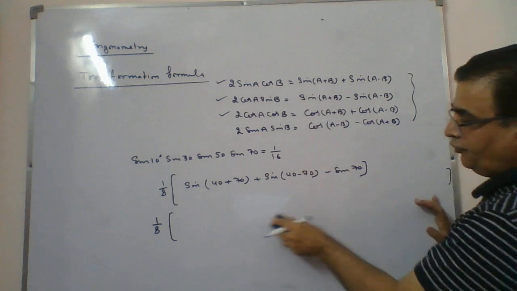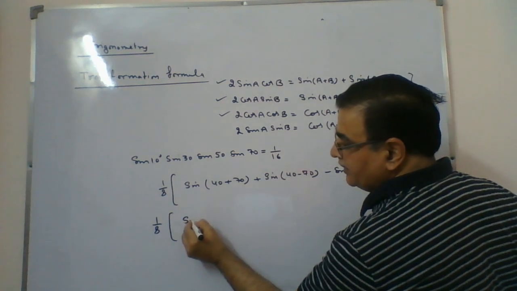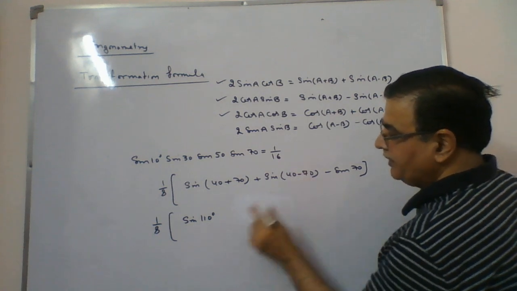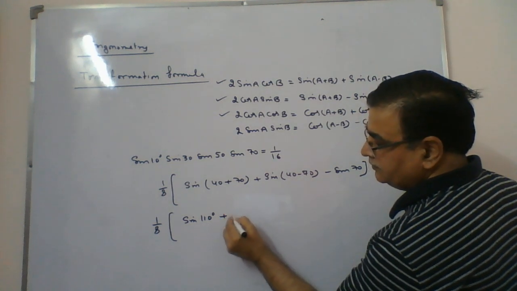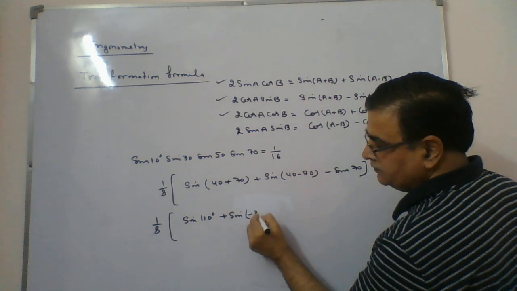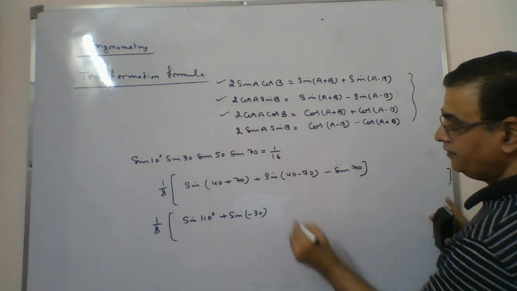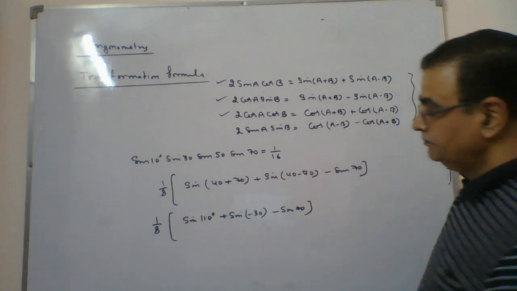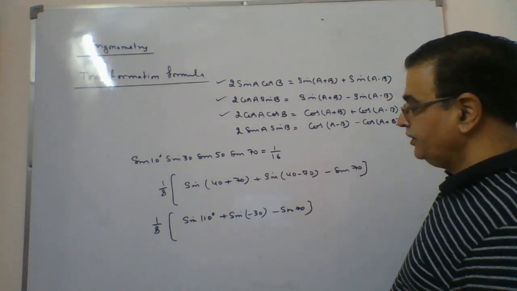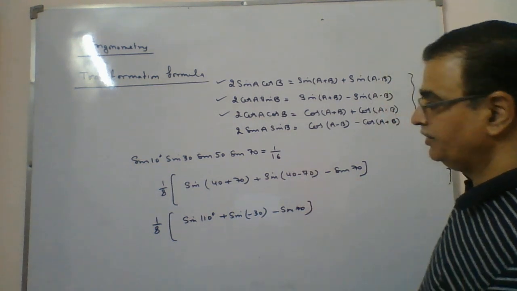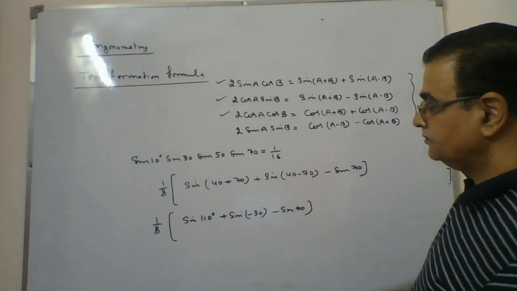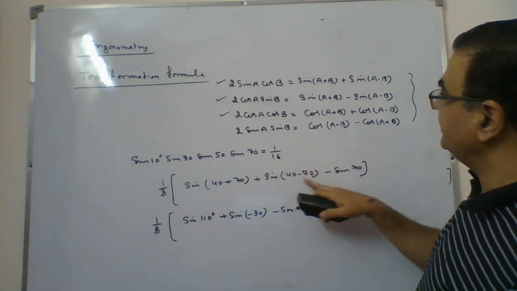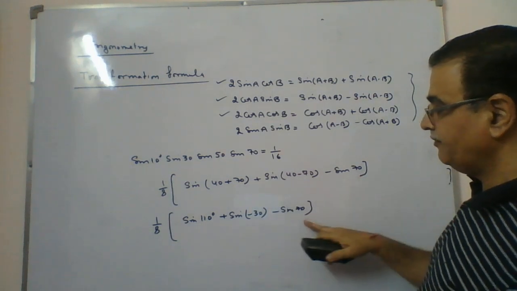Now when you solve it further, it will come out to be sine 110 degrees plus sine of minus 30, and then minus sine 70. Sine of minus 30 is what? Minus sine 30.